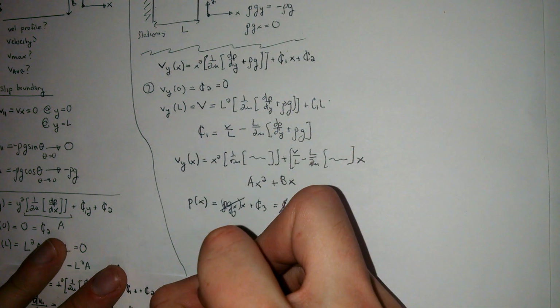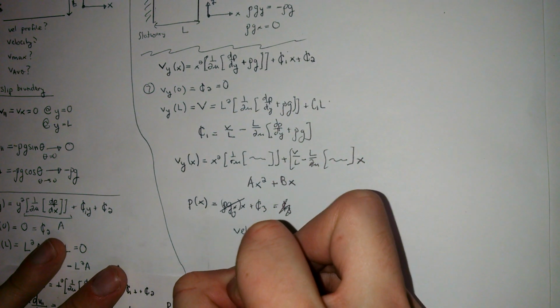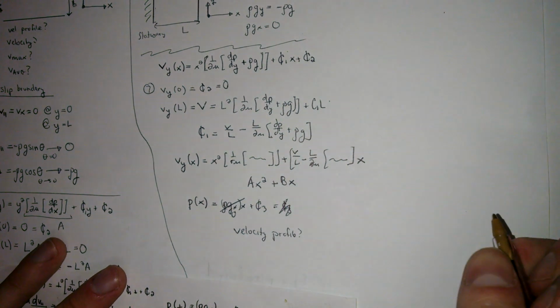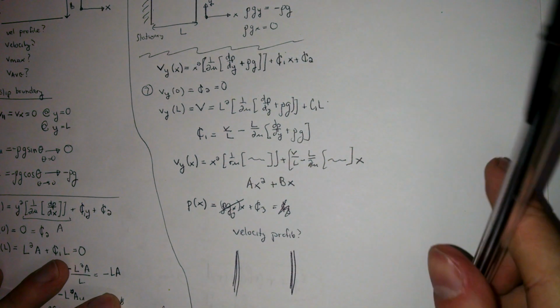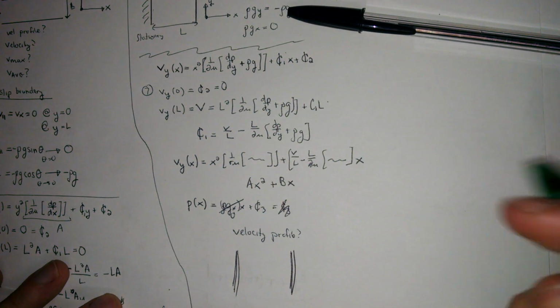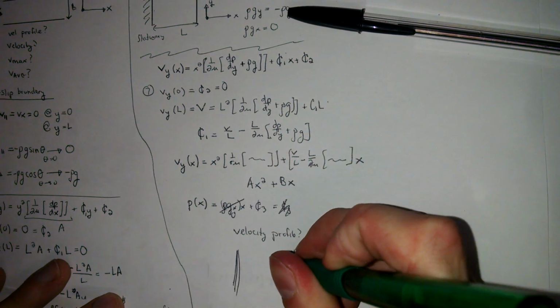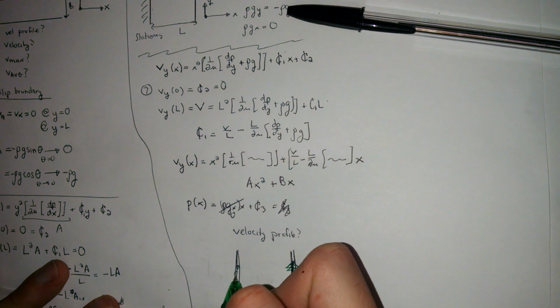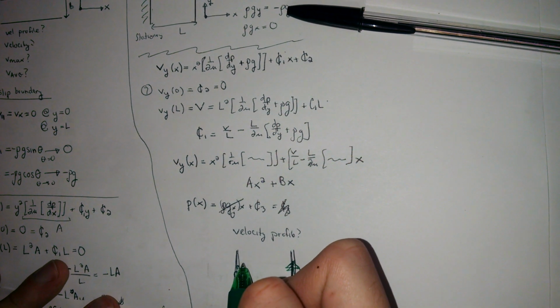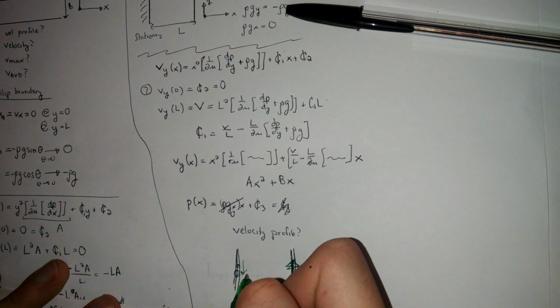So how do we figure out the velocity profile of this? Well, we know that along this wall, it's going to want to move upwards. Here, it's going to be 0, but a moment afterwards, gravity is going to be pulling it down.